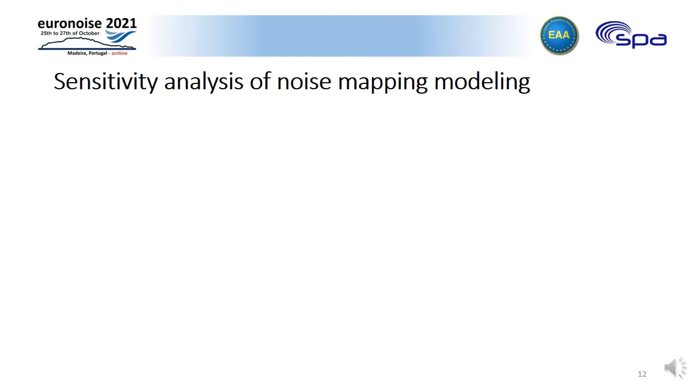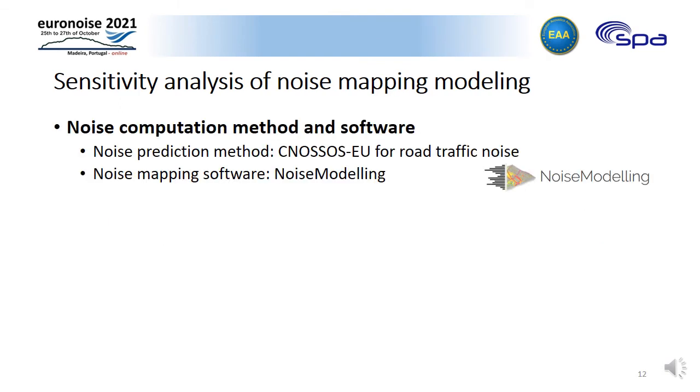We applied the method to noise mapping. The sensitivity analysis is performed here following the CNOSSOS-EU method for road traffic noise, which is implemented in NoiseModelling. More than 40 input parameters can be identified when calculating a noise map using CNOSSOS-EU, but only some of them are prone to generate significant uncertainty on the output.